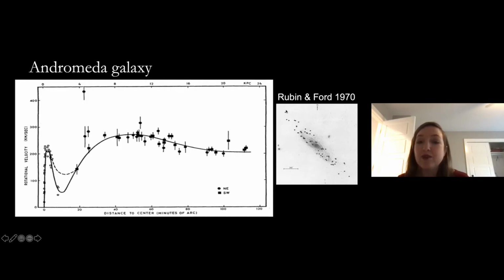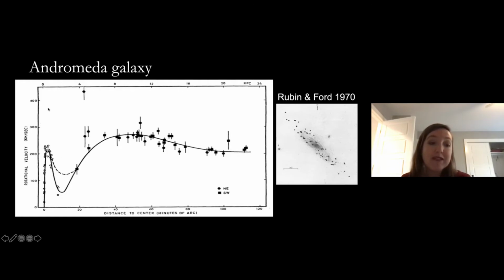Rubin and Ford were able to measure how fast these young star-forming regions are moving, because they emit light at a special wavelength that they can observe. Then they took all of these measurements of how fast each one of these young star areas was moving and turned it into this plot that we see on the left.